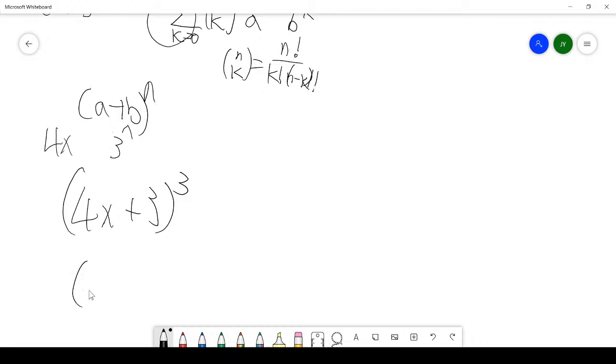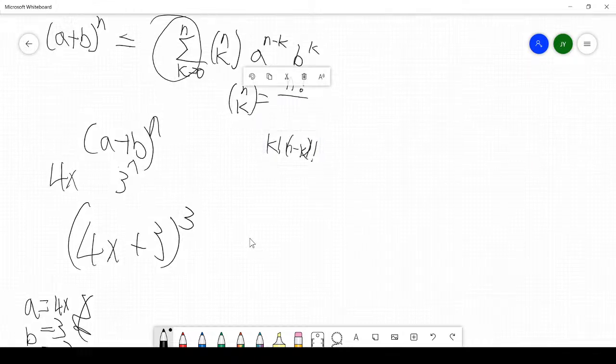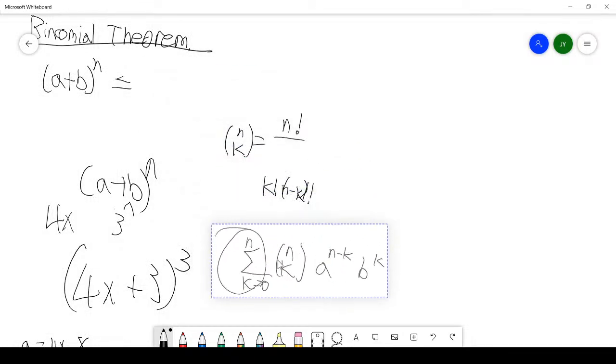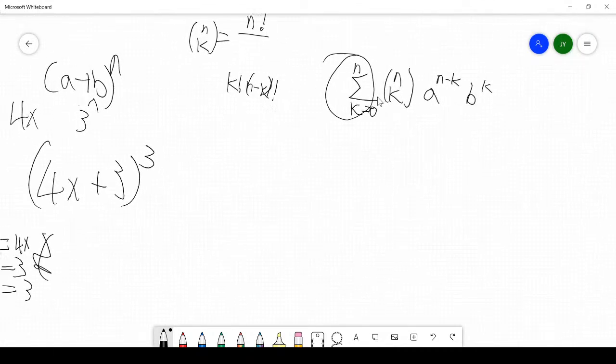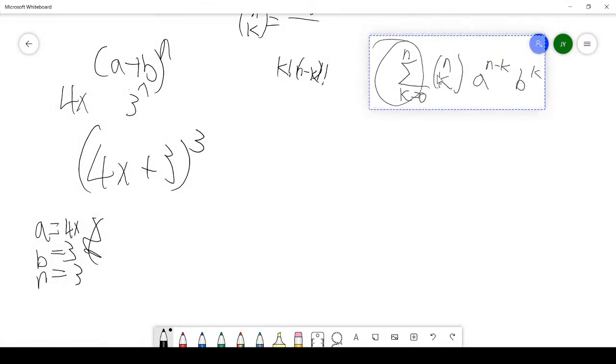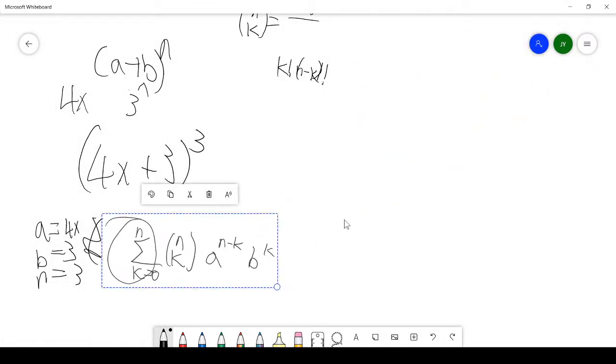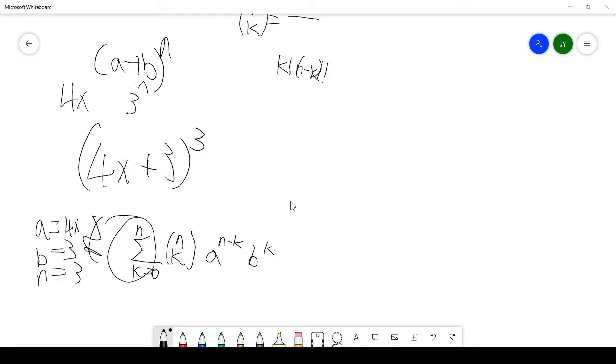So if we see here, a is equal to 4x, b is equal to 3, and n is equal to 3. So we take this binomial theorem over here. I'm just going to move this over here. We start plugging it in.